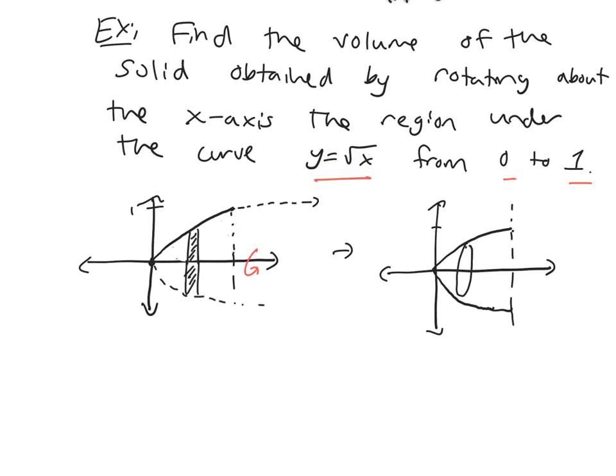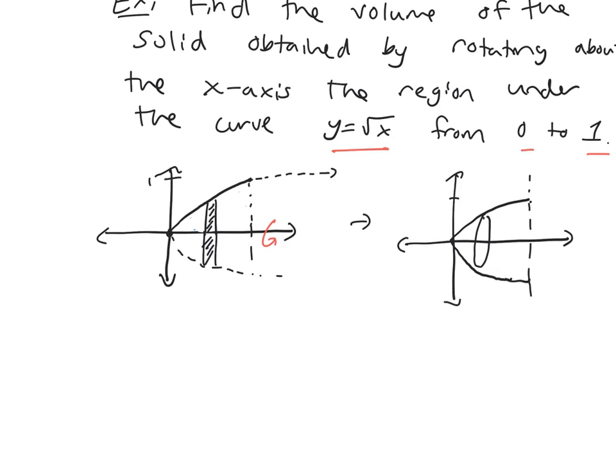So this is my cross-sectional area here. This represents a disc here. Or another way to think about a disk is it's a circular cylinder with a short height, if you want to think about it like that.